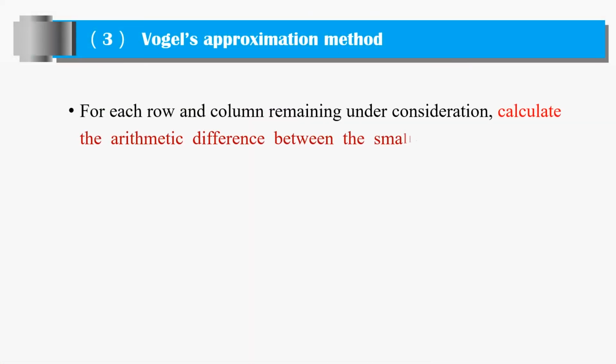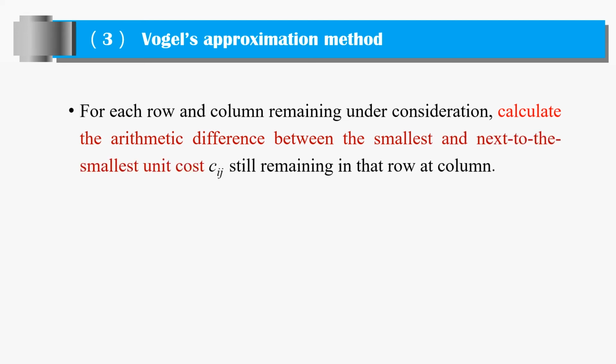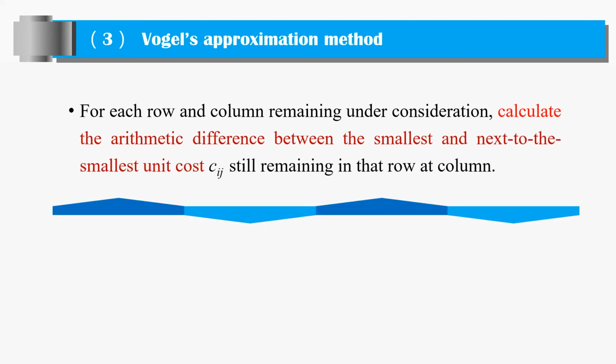Okay. Now the third criterion, we go to the approximation method. The idea of this is, for each law and claim remaining under consideration, calculate the arithmetic difference between the smallest and next to the smallest unit cost cij still remaining in that law or claim.